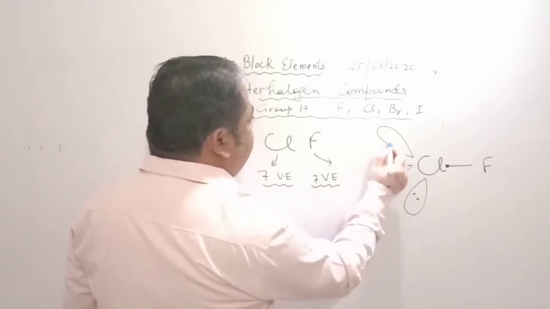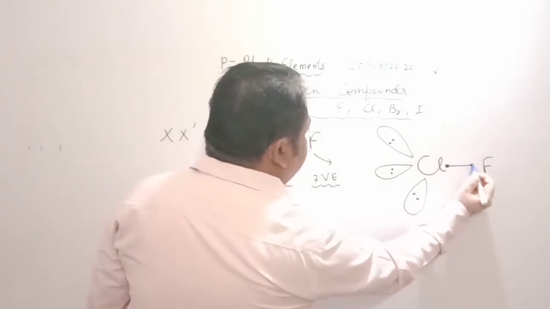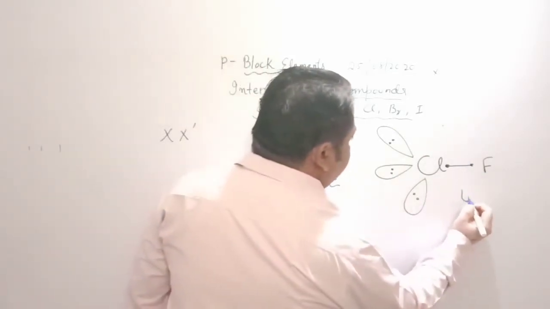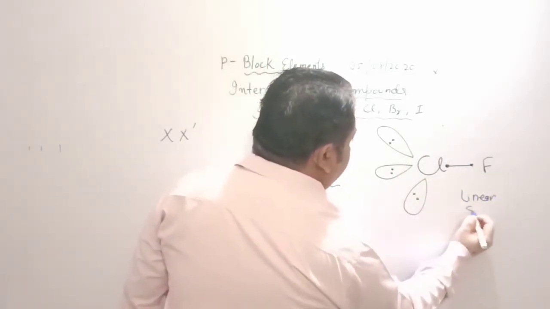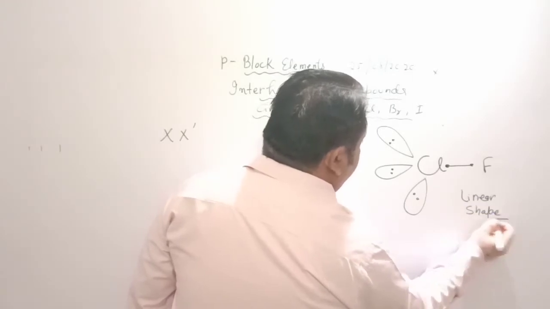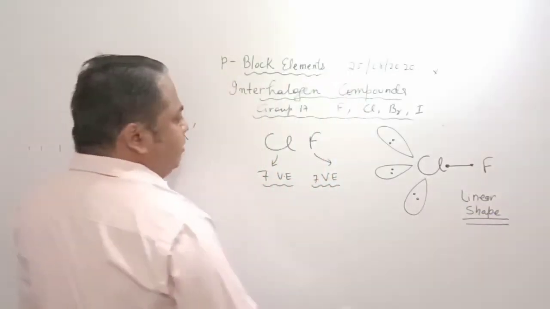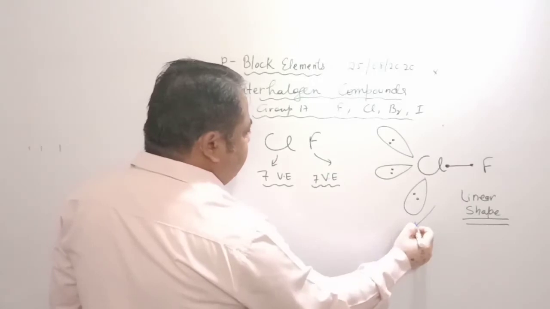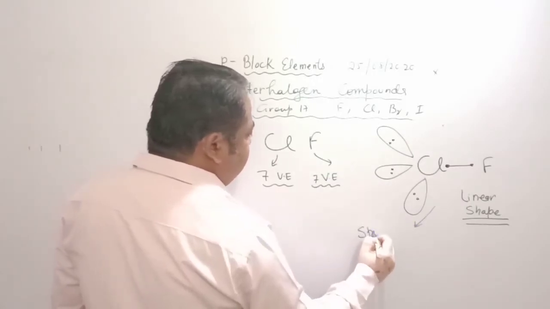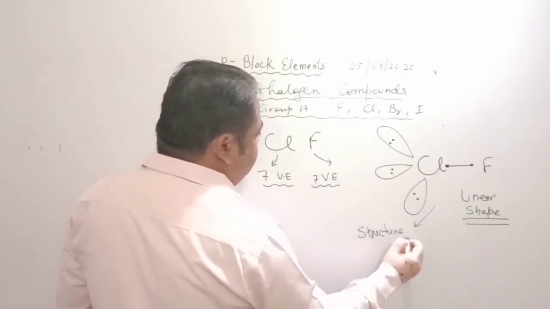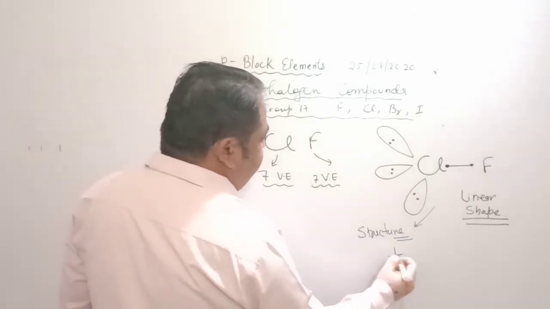So earlier it was looking like a linear shape, isn't it? Yes, it has a linear shape. But what is its structure? Its structure is tetrahedral.